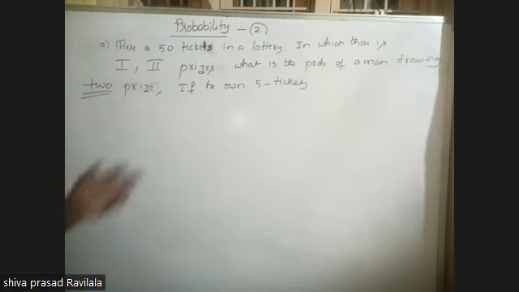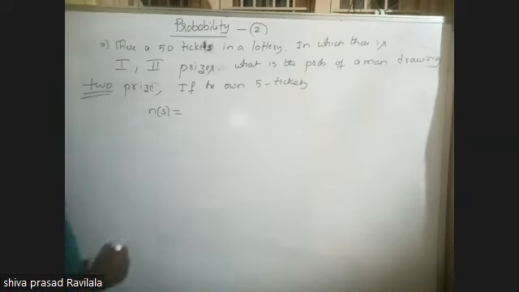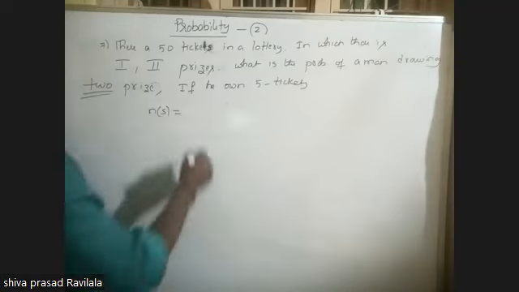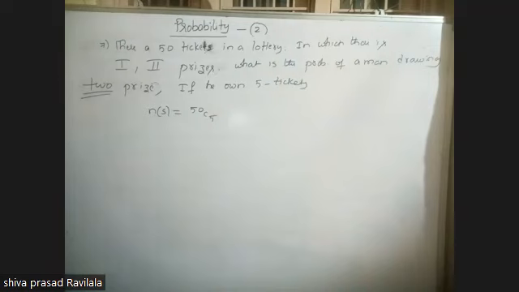For example, he bought 5 tickets. How do you do this question? Here also the same case as before, but N of A has a condition. First of all, N of S. He bought how many tickets? 5 tickets. Therefore, N of S is directly 50C5.